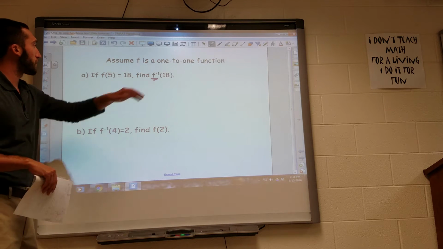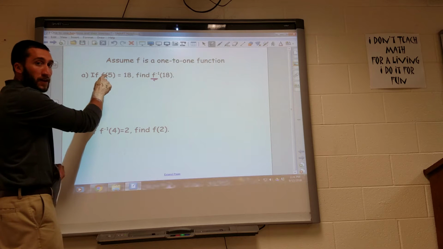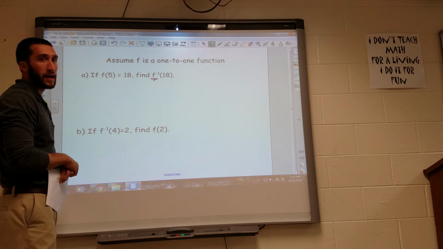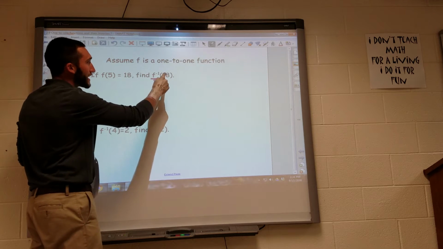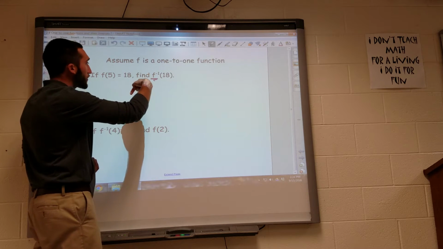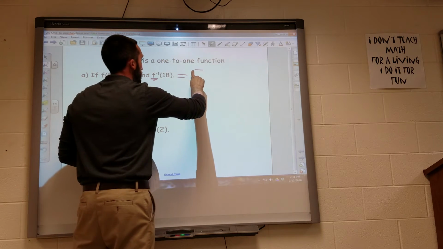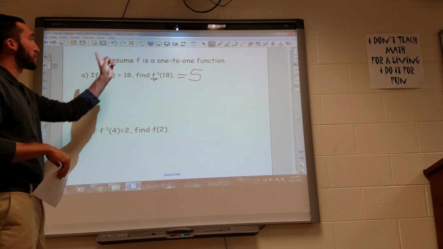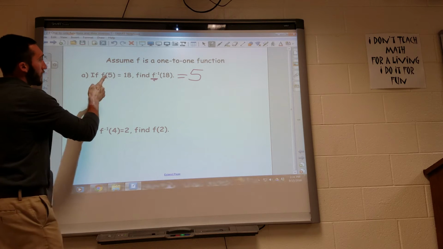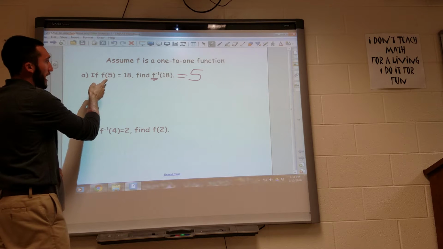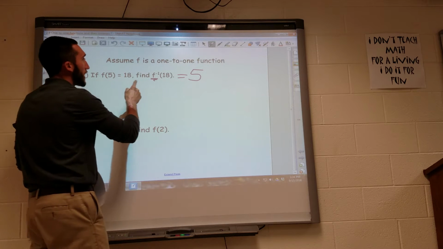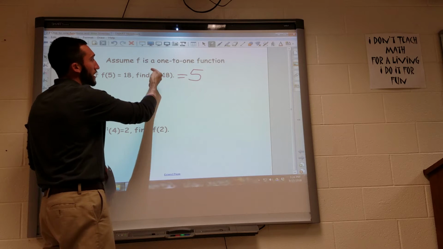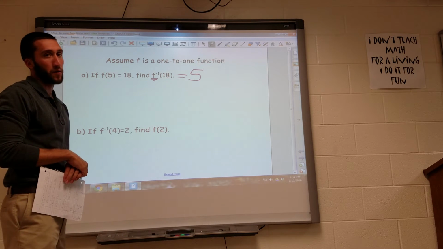F and f inverse: if I plug a 5 in for my x of f, and I get an 18 back for my y, that means if I plug an 18 into my f inverse, I should get a 5 back for my y. So f and f inverse have a very special relationship where if I plug a 5 in for my x and I get an 18 back for my y, then the flip side of that, if I plug an 18 in for my x of the inverse, I should get a 5 back for my y.